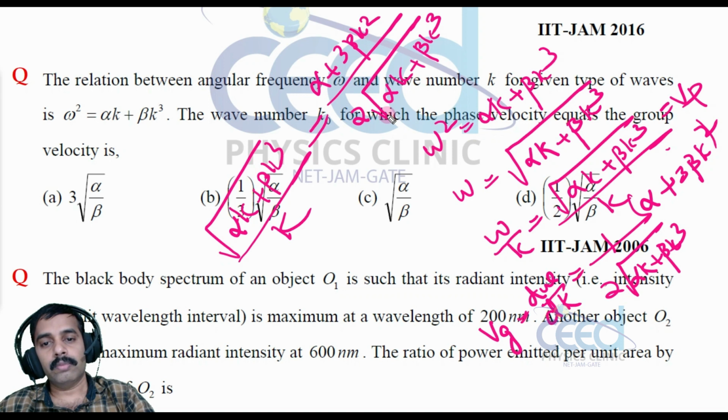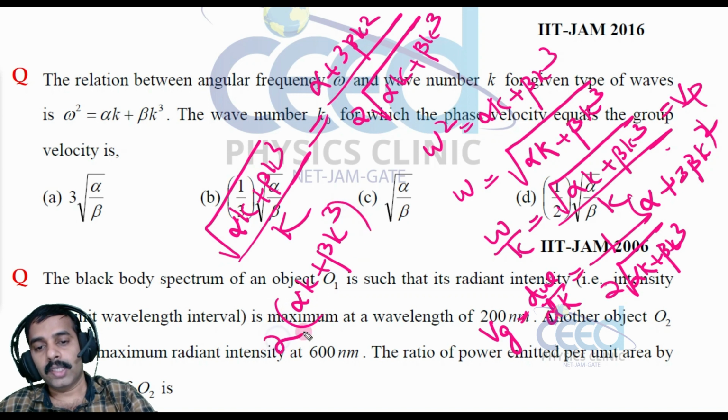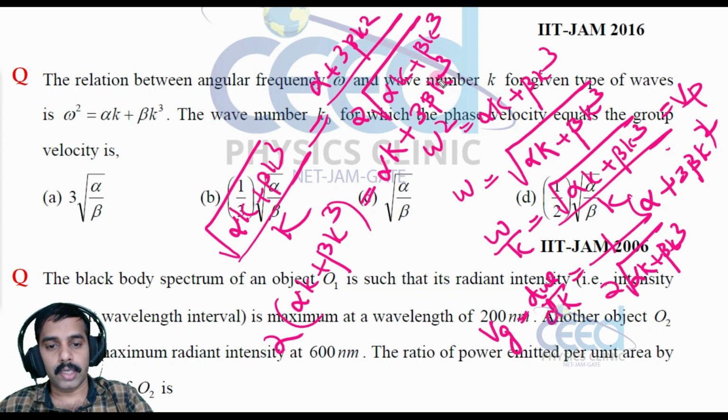Now I can take this root to this side, then alpha k plus beta k cube equals, into 2, let me multiply with this k, again alpha k plus 3 beta k cube, right?